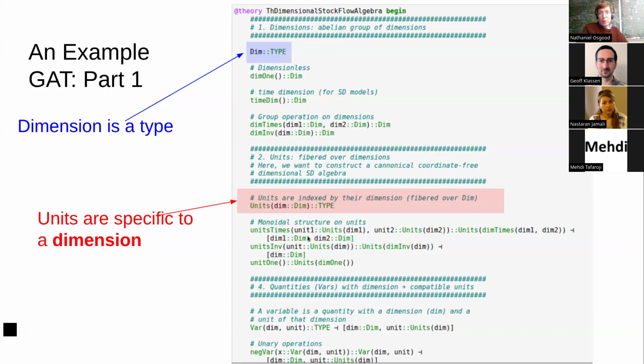And similarly, units for a given dimension. If you have units of dimension one, and you have other units of a different dimension two in general, then you multiply them. You get units of the multiplication of those dimensions.